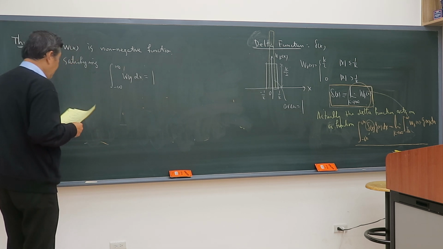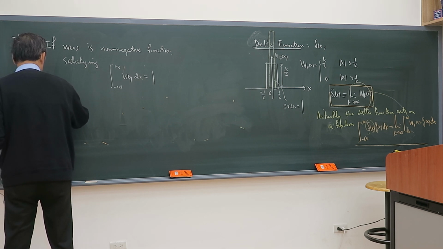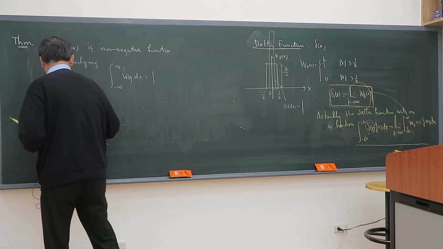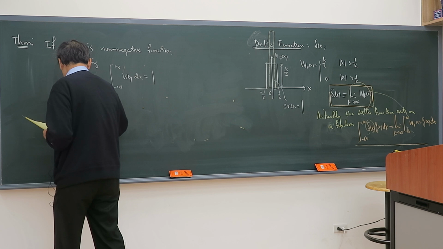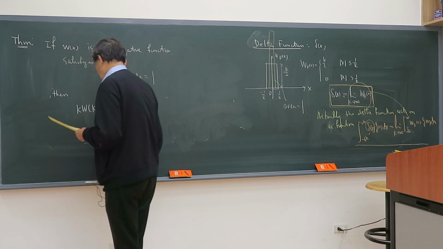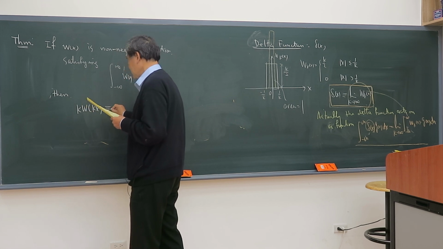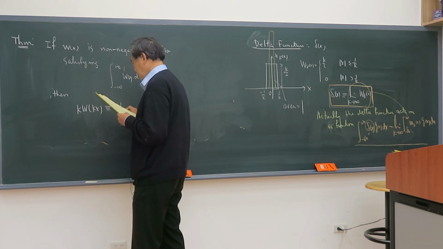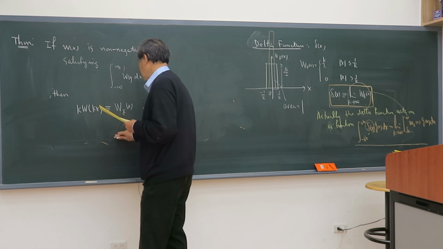then k times w(kx) is defined as w_k(x).